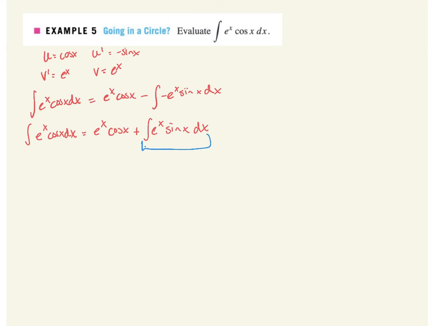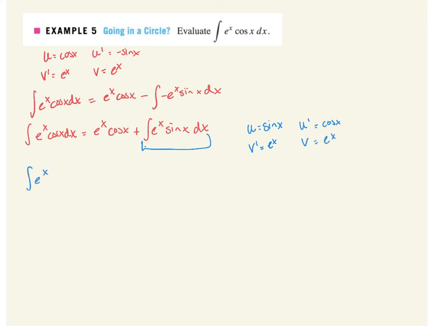So now, being consistent with how I chose my u and v prime before, u is sine x, v prime is e to the x, so u prime is cosine x, and v is e to the x.